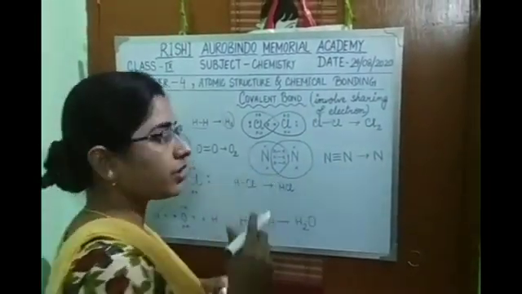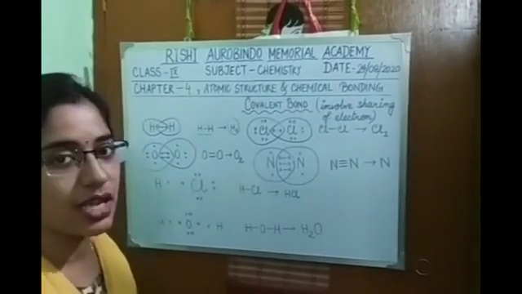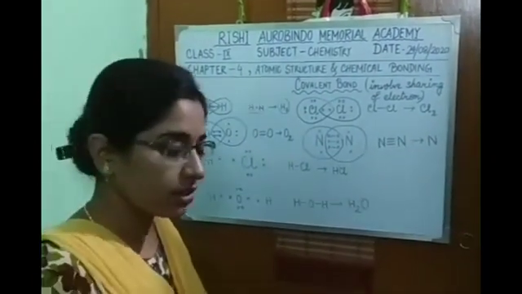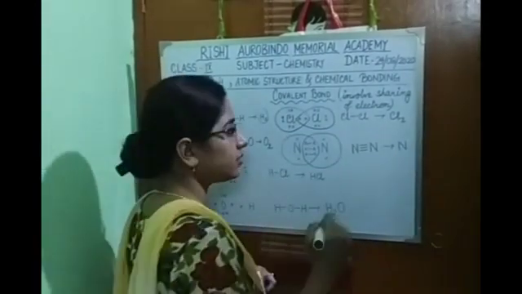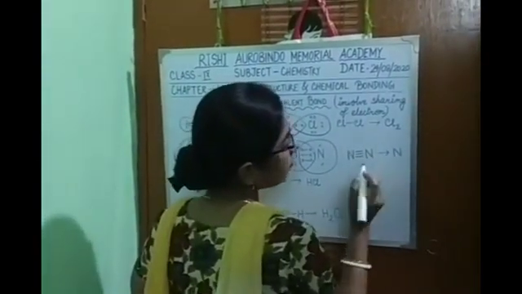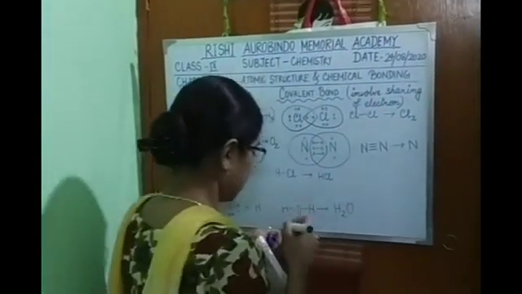So each of them will have 8 electrons in its outermost shell. They will attain the stable configuration, and this is how nitrogen forms.